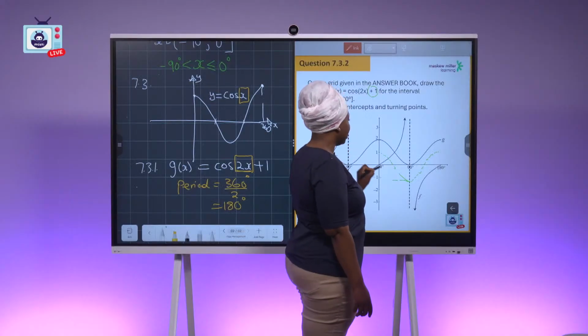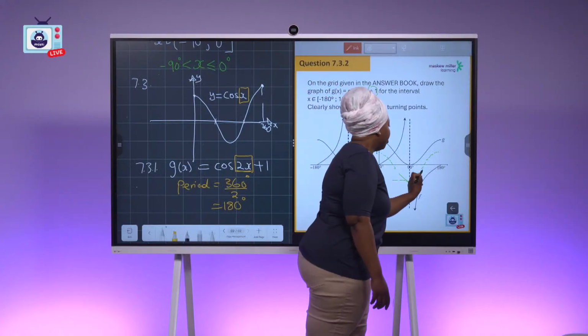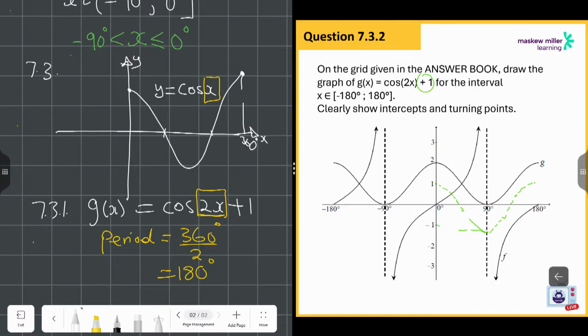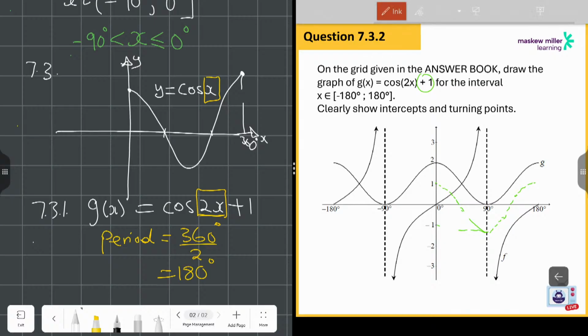So as I was trying to indicate to you, my green graph is the graph that I would have called y equals cos of 2x, as compared to my other one, which was y equals cos x. Let's write it underneath, there's no space for us there. So this is the graph we call y equals cos of 2x.